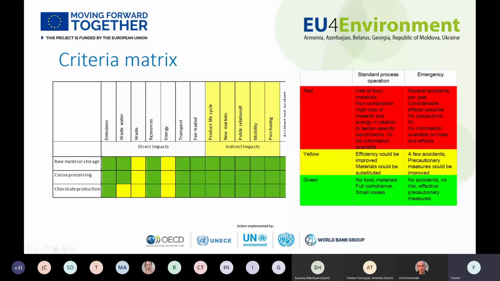And according to the scheme on the right-hand side, we rate these impacts connected to the environmental aspects from the respective process areas, process units of the company.